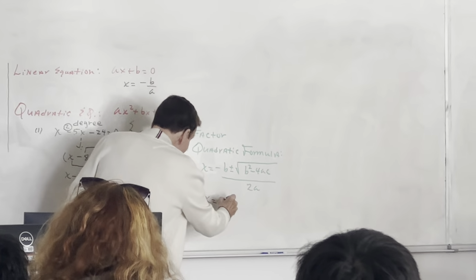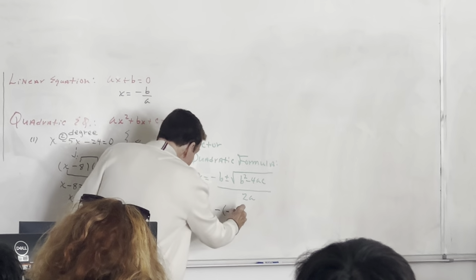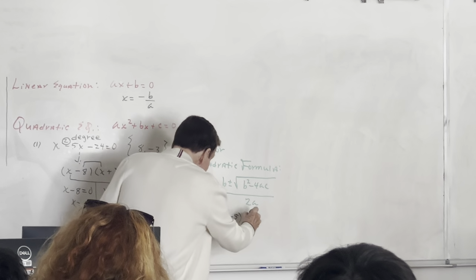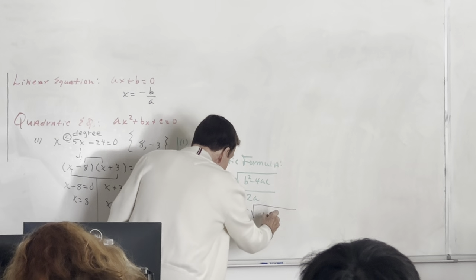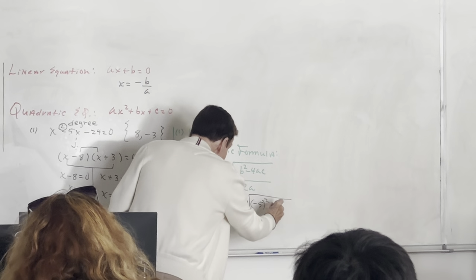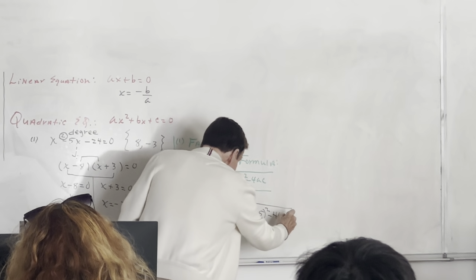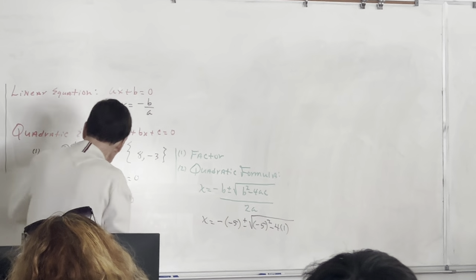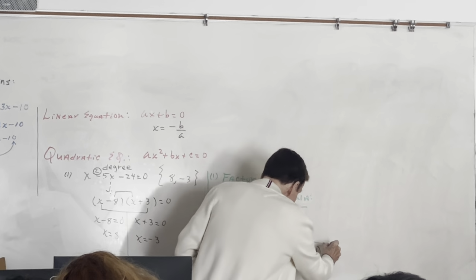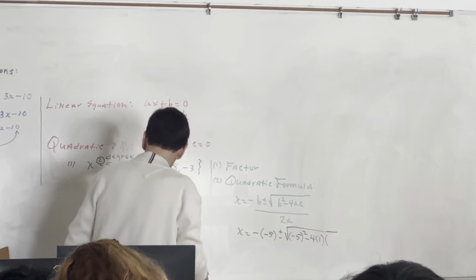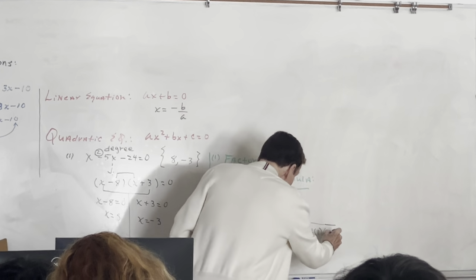It's going to be a negative, -5, plus or minus the square root of -5 squared, subtract 4 times a, my leading coefficient back here, understood to be a 1, and my constant, the c on the end, was -24.